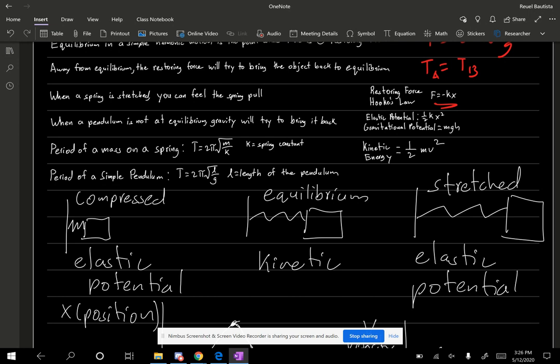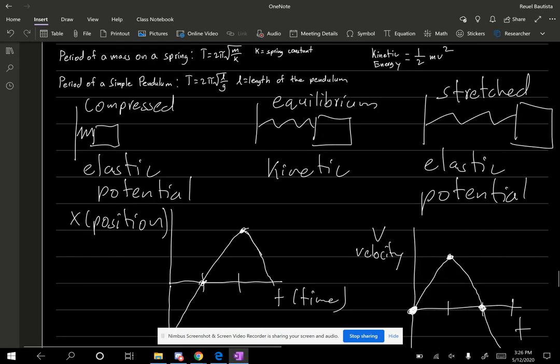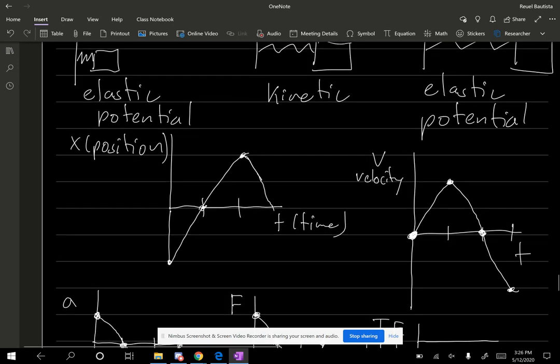As soon as you release it, that potential energy is slowly going to turn into kinetic energy. When it reaches equilibrium, all of that energy becomes kinetic energy, right? And then it's stretched again, becoming potential, then going back to kinetic, then potential, kinetic, potential, over and over and over again. Okay? So this is just a graphic that I drew.